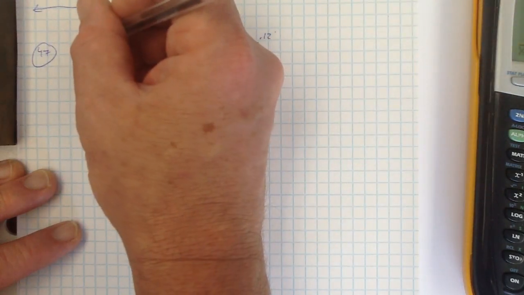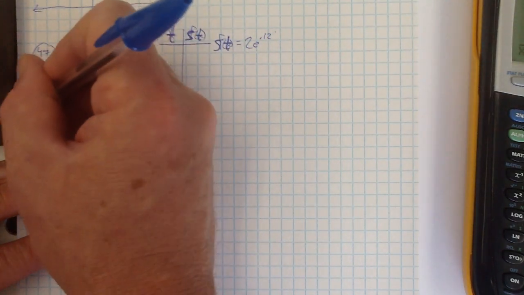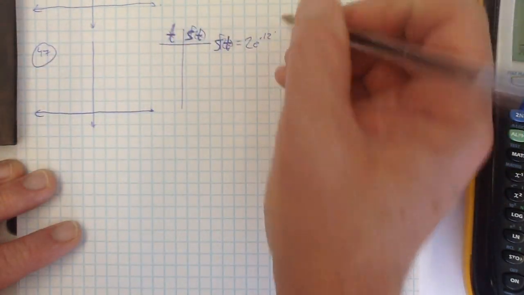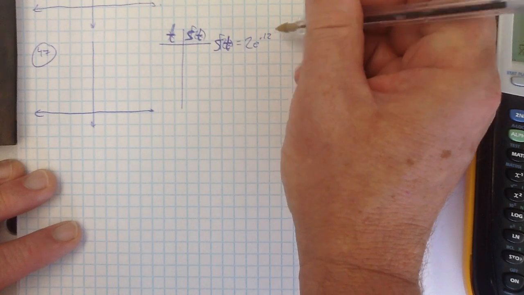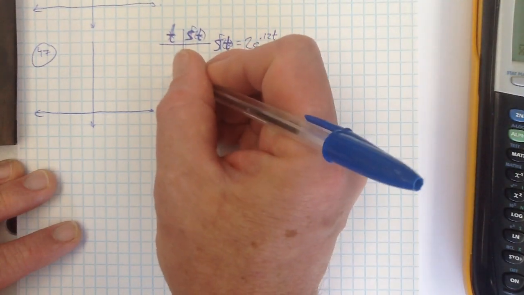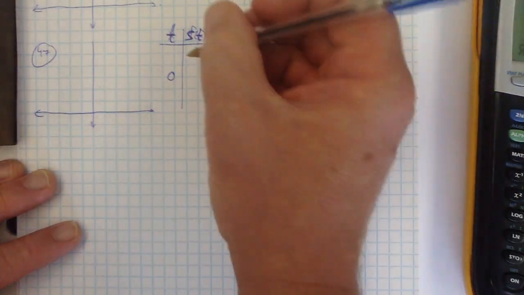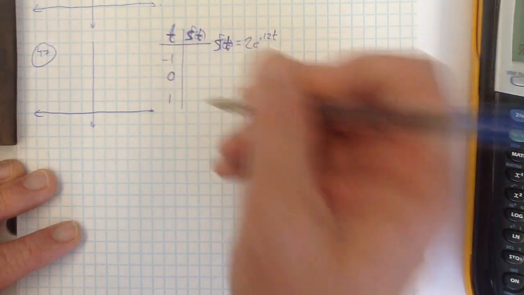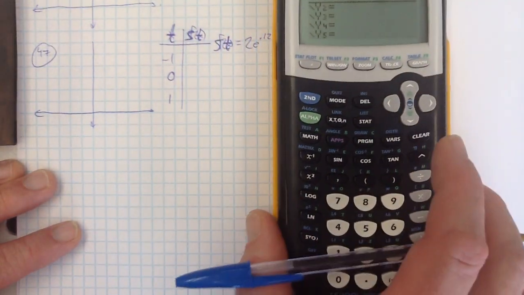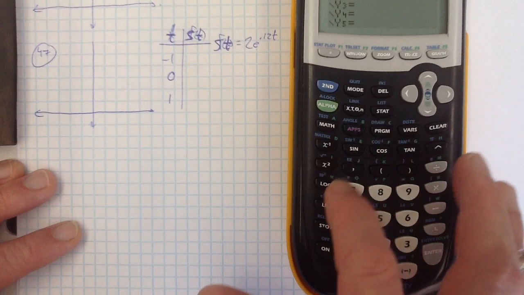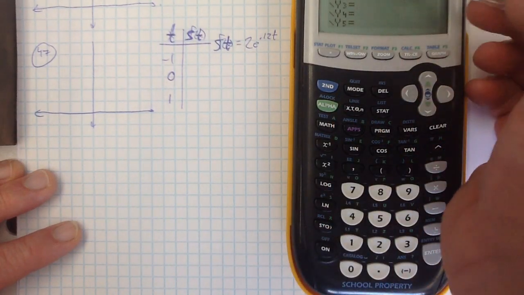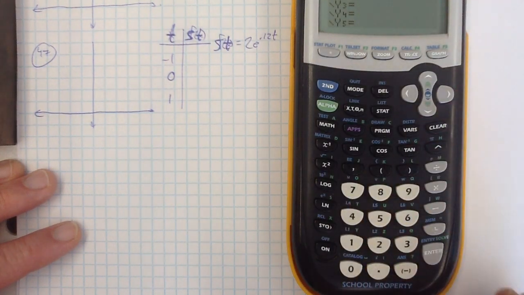Still going to plot it in the same way. So there's no plus or minus here. So that means I'm still centered at 0, -1 and 1. So let's go ahead and put that in at 2e to the 0.12 t. I'm going to do it with x's here because that's what the calculator defaults to.